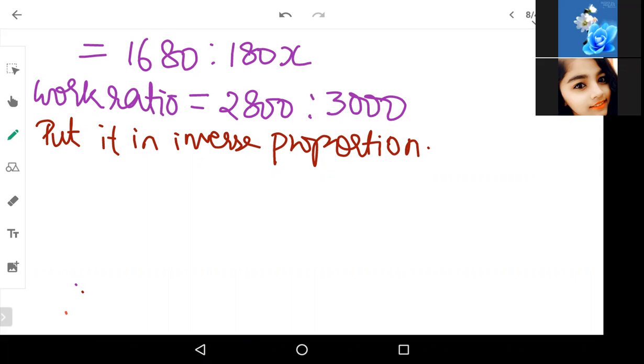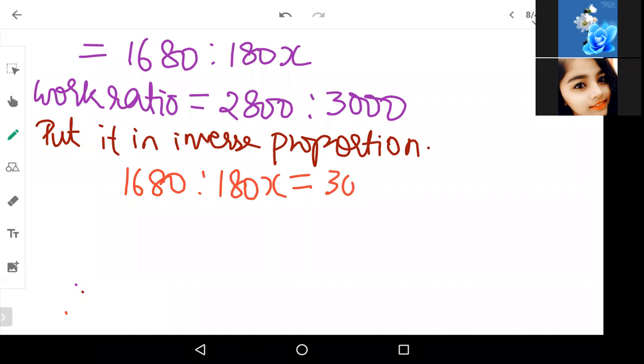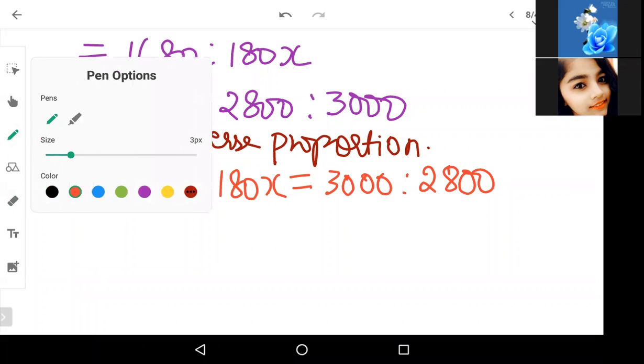The first, capacity ratio, is 1680 is to 180x is equal to, now it is in an inverse proportion, so do not forget the other ratio will be reversed. Which means instead of 2,800 is to 3,000, we will have 3,000 is to 2,800. This is inverse proportion. Fine. So now after this, solve it as usual. There is no change after this.